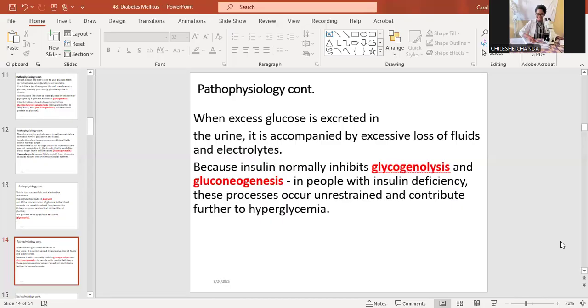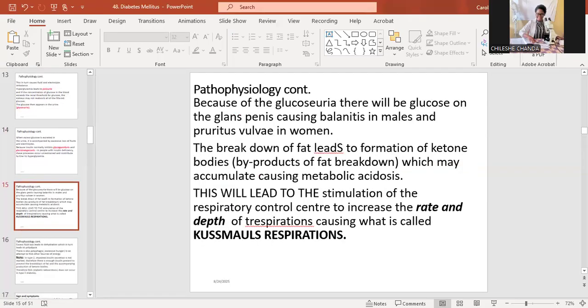Now, remember, the blood is already high in sugar, and so the breakdown of these will further contribute to increasing the sugar levels in the blood. And so you find that the hyperglycemia will now become even worse.